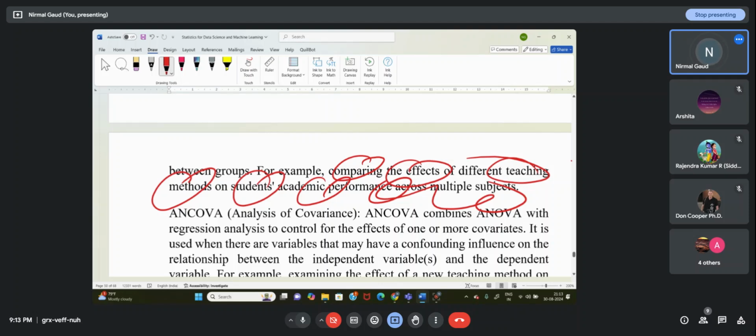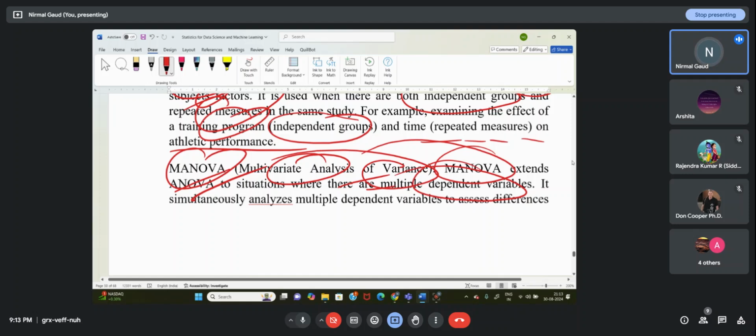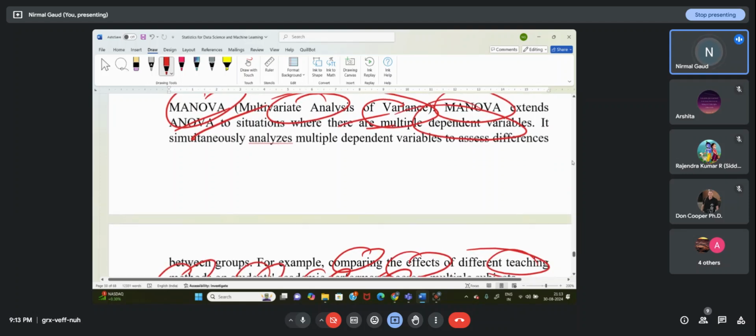Sometimes I'm teaching with this mode, sometimes with another mode. I'm going to check how the student performance is going on. If I change the modes, what result is it giving? That is MANOVA.